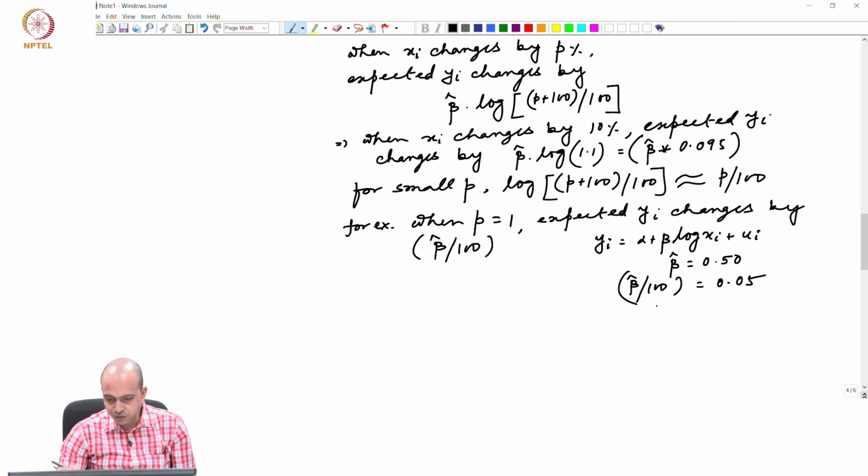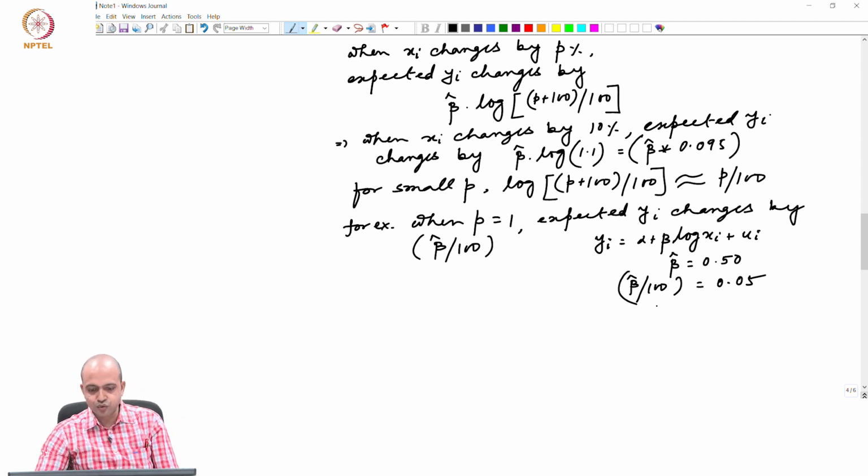When p equals to 1, that means we can say that for 1% change in xi, your expected value of yi changes by beta hat divided by 100 unit. So, beta hat by 100 is the unit change in expected value of y for 1% change in your xi.